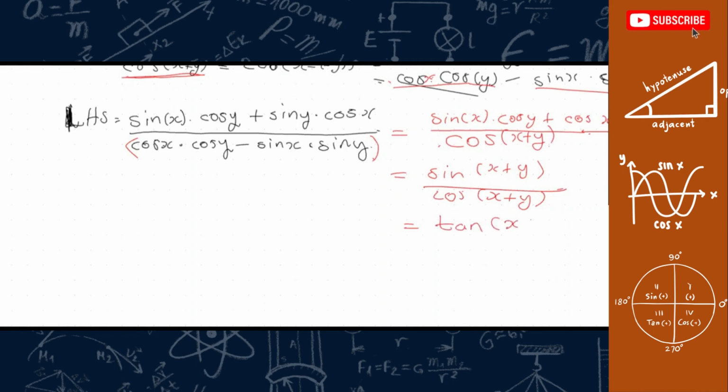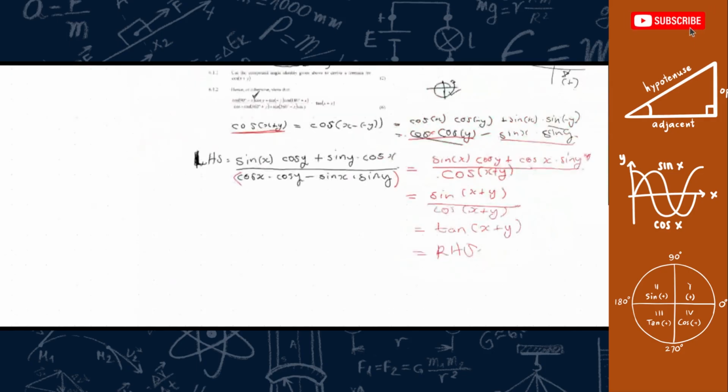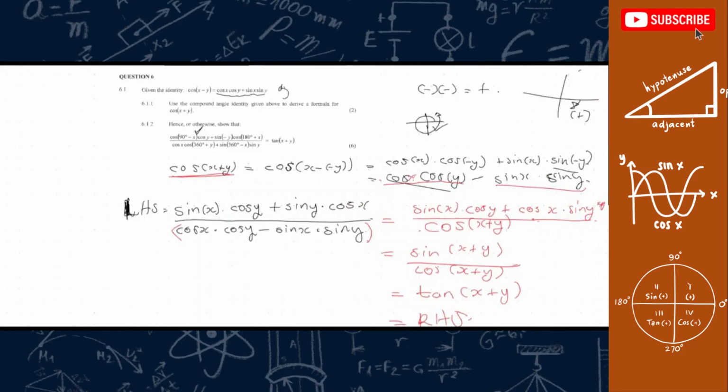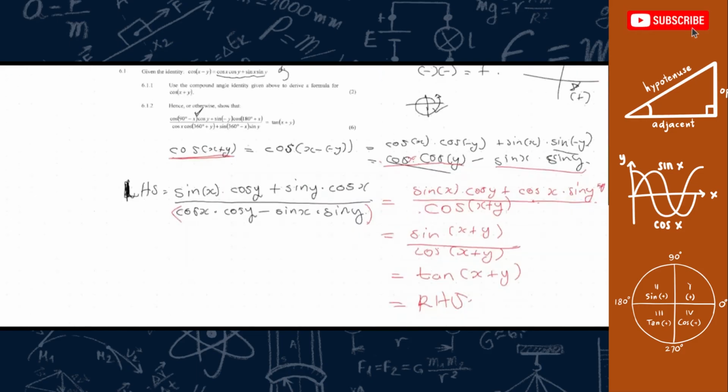Then we see that this is equivalent to the right-hand side. Then we can get our 6 marks. And that's how they are most likely going to examine the compound part.